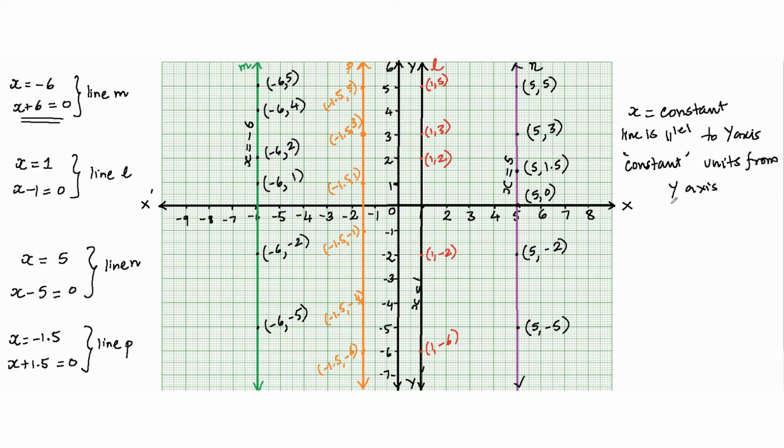If the constant is negative, then the line is towards the left of the y-axis, and if the constant is positive, then the line lies towards the right of the y-axis. So let me pause for a minute and then let's take up some more examples.